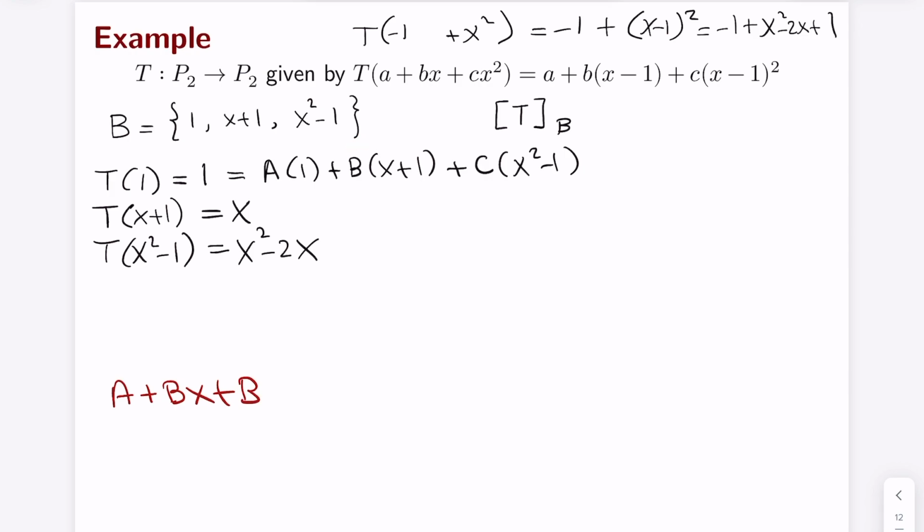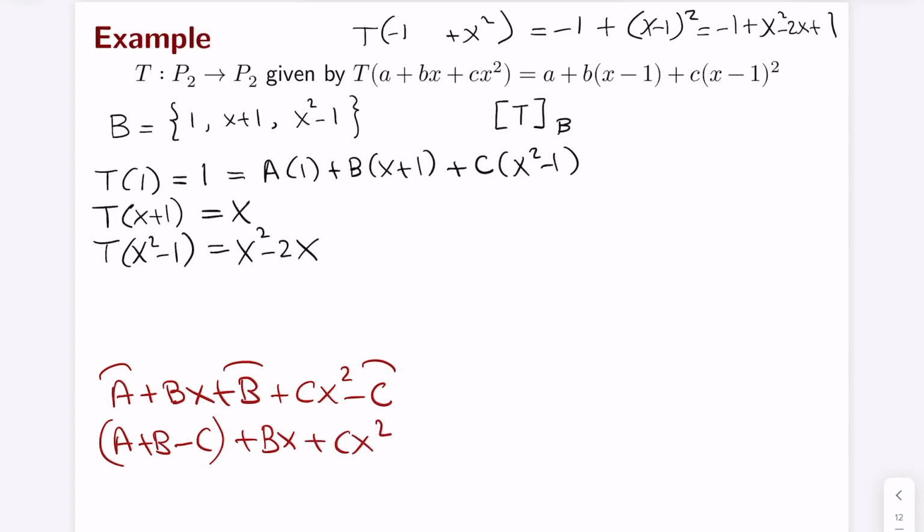And we continue with the distributive property here too. And so this is plus cx squared minus c. Let's combine like terms, these three things together: a plus b minus c. And then bx and then plus cx squared. So that is the algebra done here.